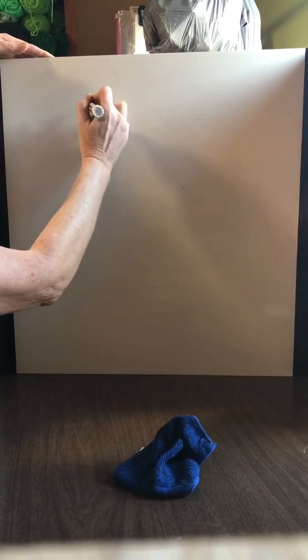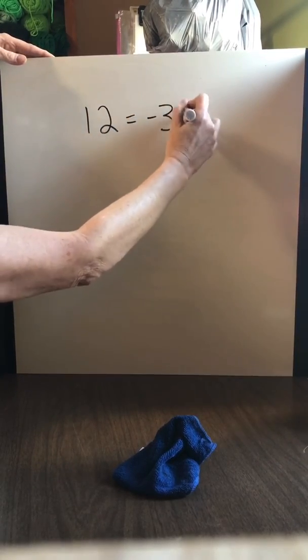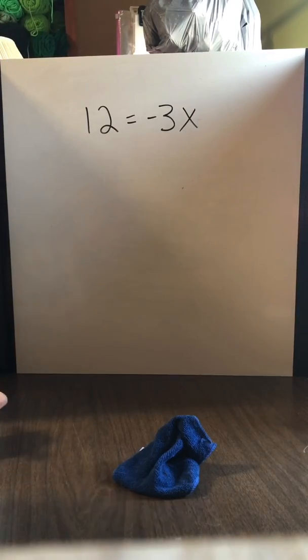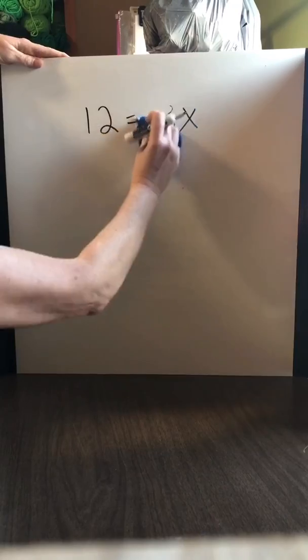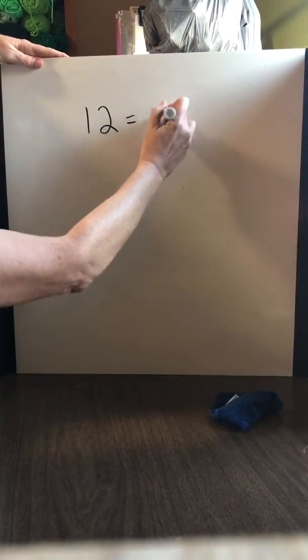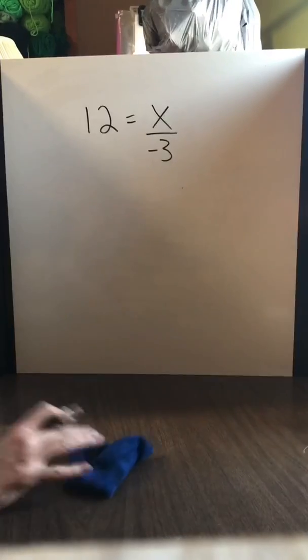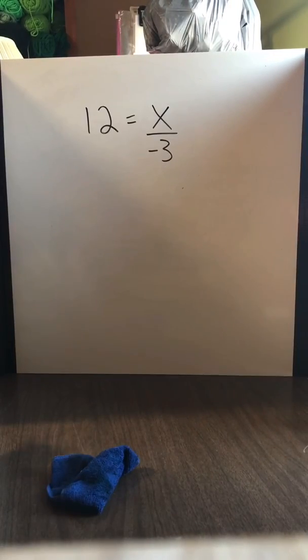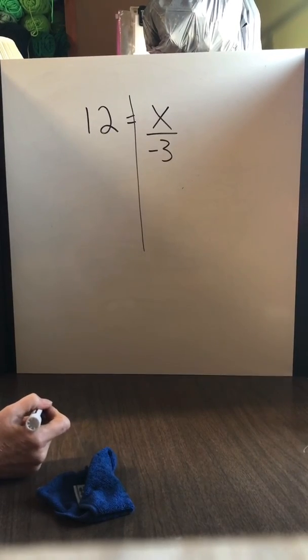You might have something like this. Oh, we're not going to do another multiplication one. Let's do this. I'm sorry. Let's do x over negative 3. Forgot we were doing division there. So now we're going to draw our line, and we want to isolate x.